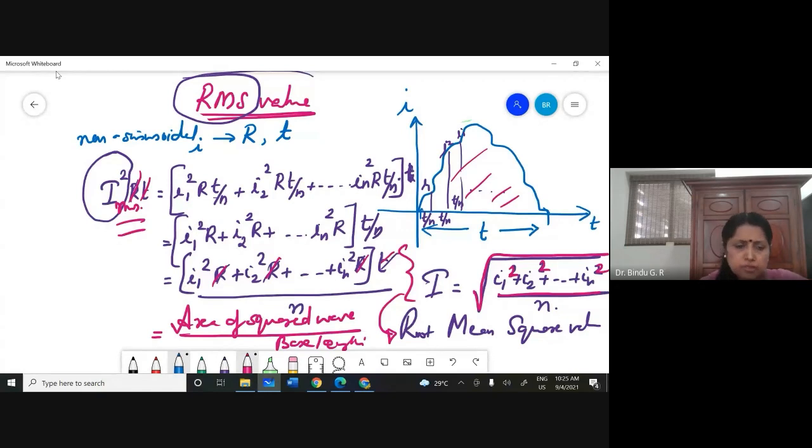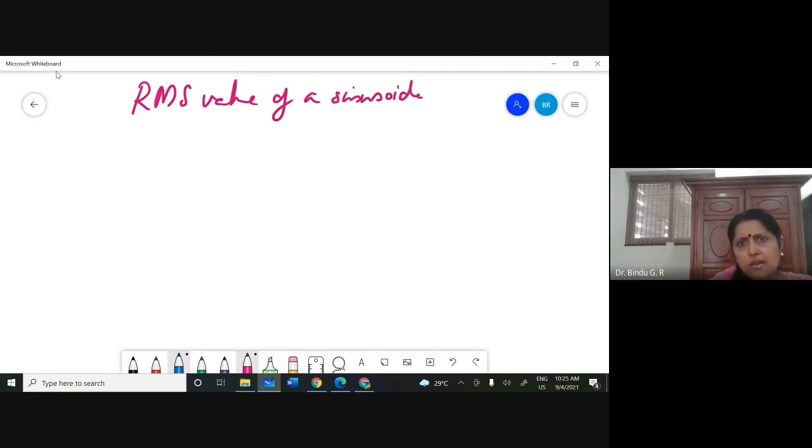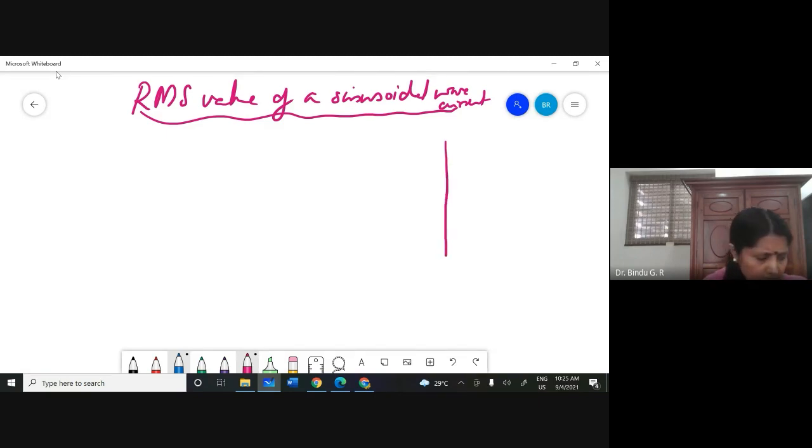Now, as before, let me try to derive the RMS value of a sinusoidal wave, or sinusoidal current, or sinusoidal voltage, whatever it may be. This is the same procedure. This is the sine wave that we are talking about.